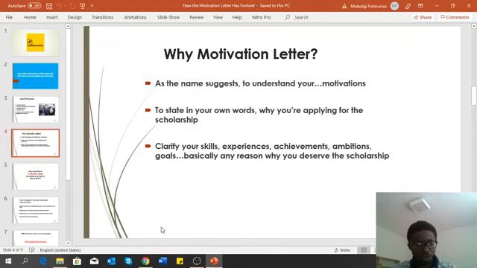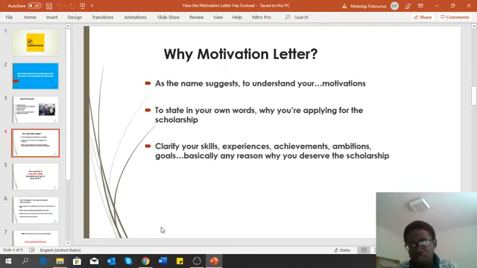So why motivation letter? As the name suggests, they're just trying to know what your motivations are. And motivation letters, as you already are aware, are not restricted to scholarship applications. Sometimes job applications also ask you to submit what they call a cover letter, which is basically like a motivation letter.